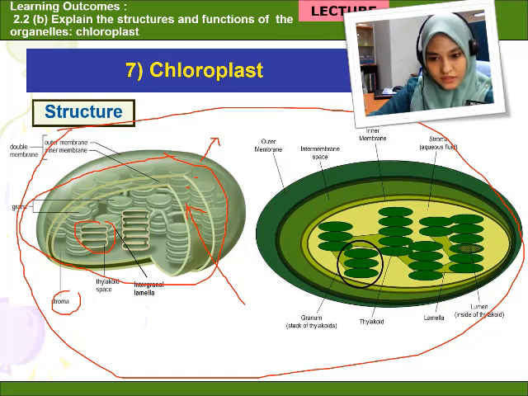As you can see here is the thylakoid system, a stack of sacs. The chlorophyll and photosynthetic pigments are embedded within the thylakoid membrane. So the chlorophyll is contained inside the thylakoid membrane here.